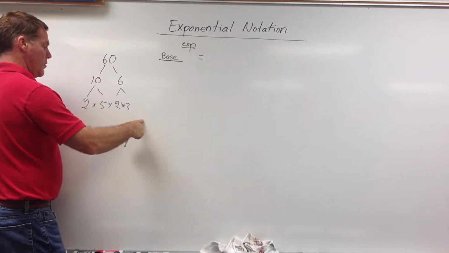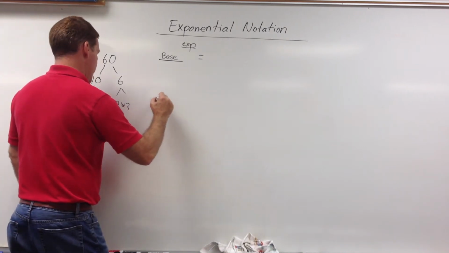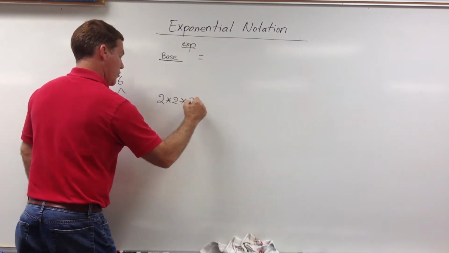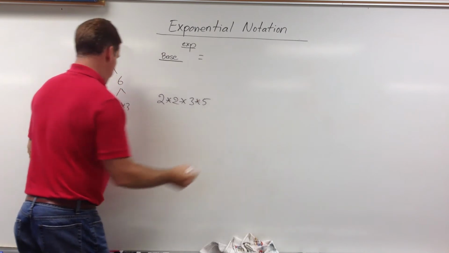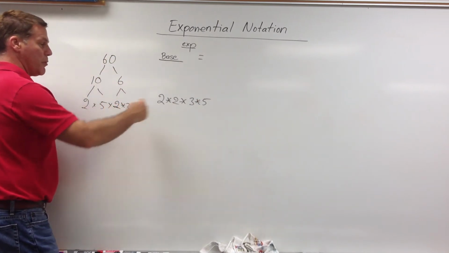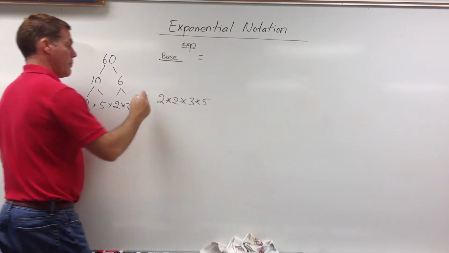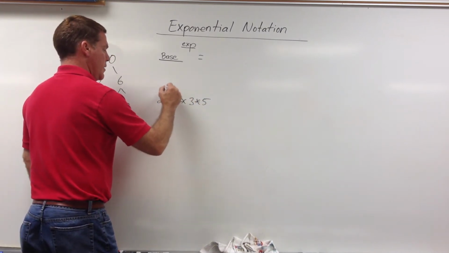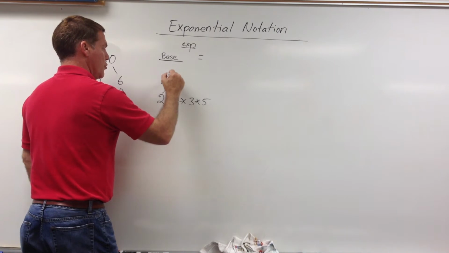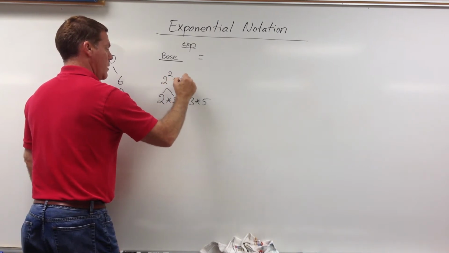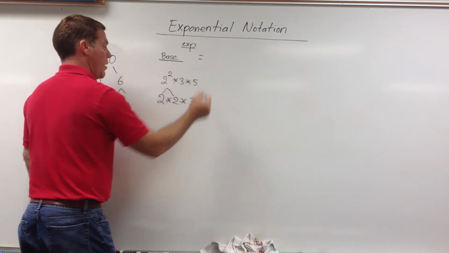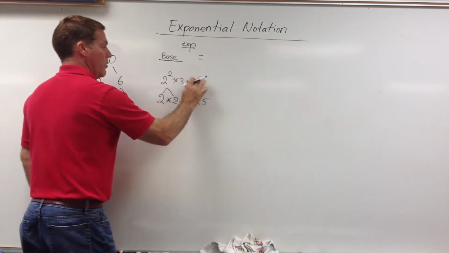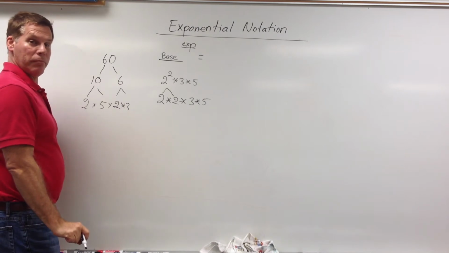So this would be written, first of all, as a factor string: 2 times 2 times 3 times 5. Okay? I just like to put the numbers from smallest to biggest. Okay? In exponential form, this would be written as 2 squared times 3 times 5. These just have a little exponent of 1, but we just don't draw them on there. Okay?